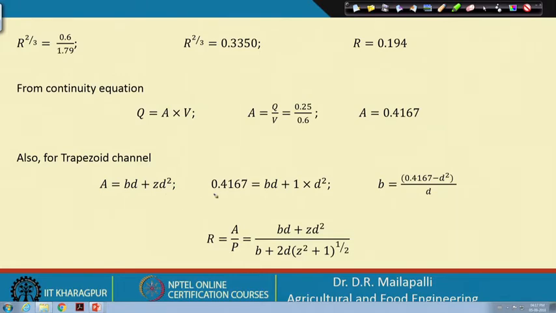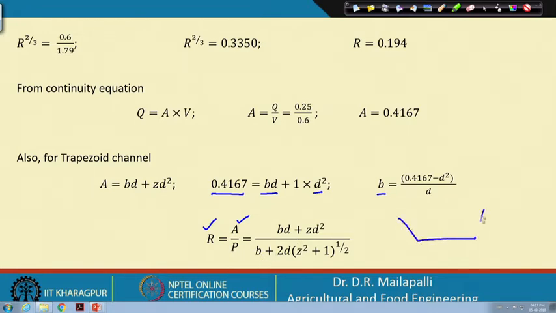So, now substituting the values, A value 0.4167 is BD plus Z, which is 1, the side slope, and D square. So, B is a function of D. Now R is equal to A by P; we know R and we know A. The P is the perimeter.